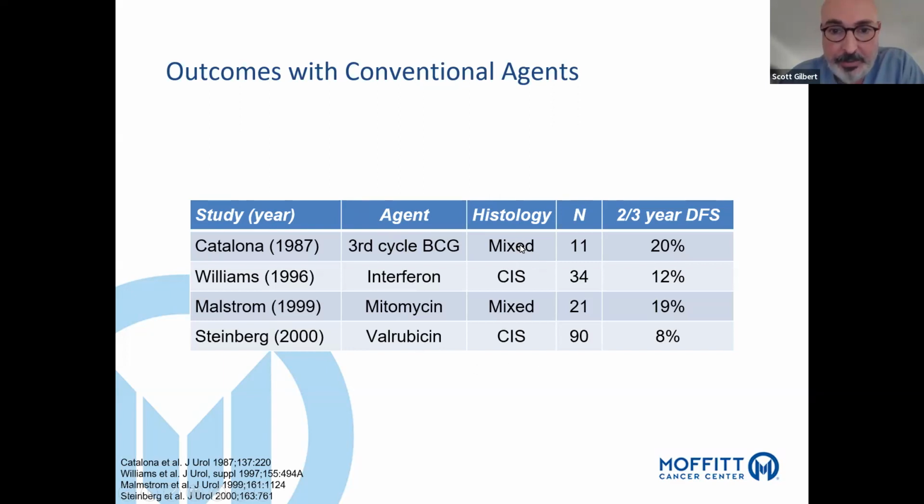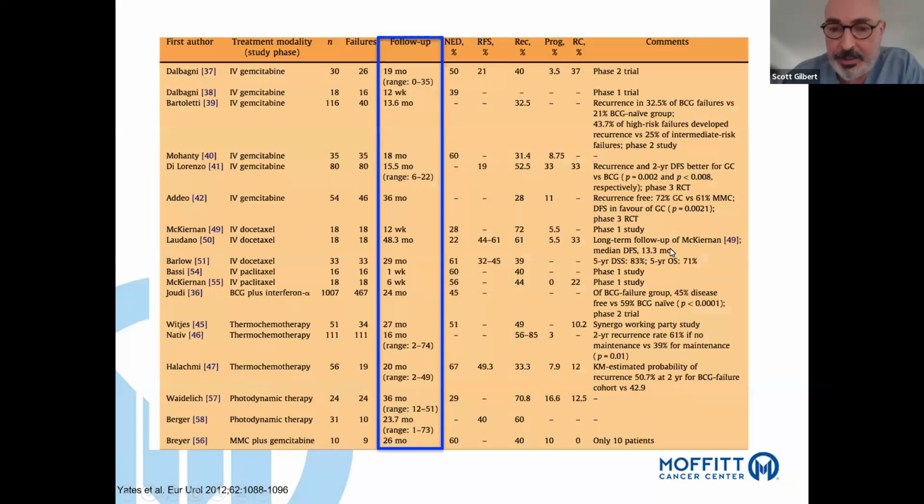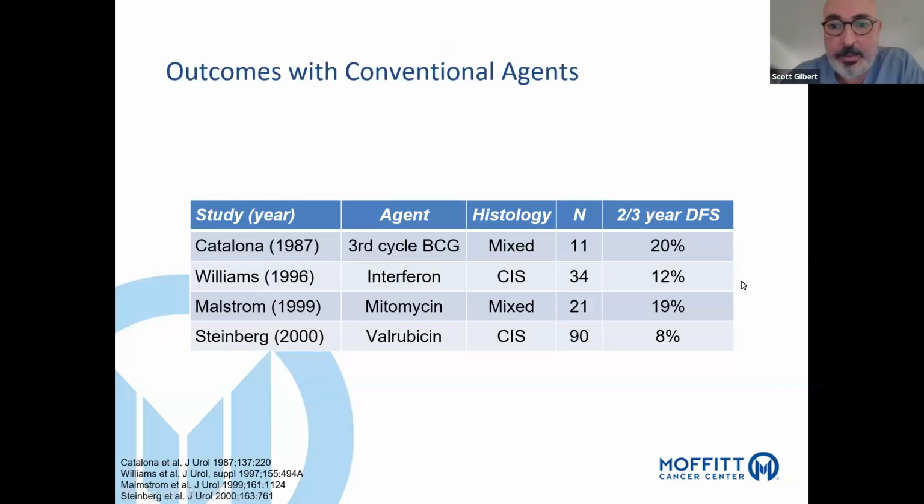And you can see that some of these are CIS only and some of them are mixed, and they're all small patient groups, but you can see that the response rates are low. 20% again for a third cycle of BCG, 12% for interferon, about 20% for mitomycin, and only 8% for valrubicin, which is a very expensive drug in the US and is FDA approved for CIS recurrence after BCG treatments.